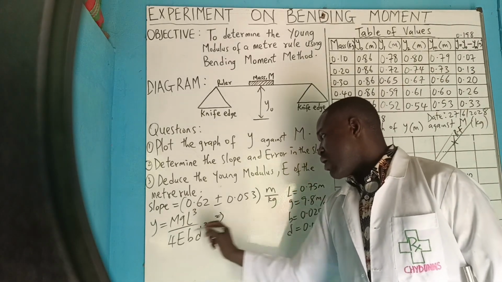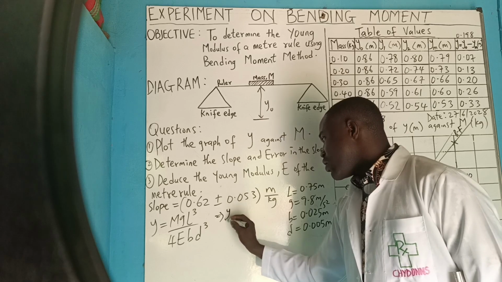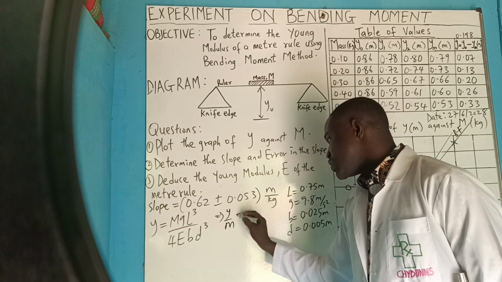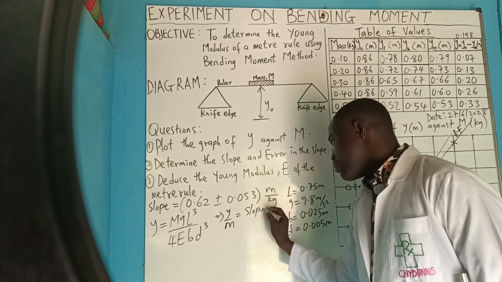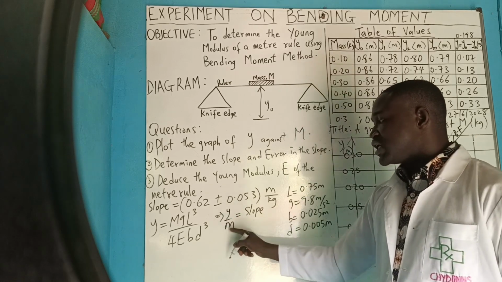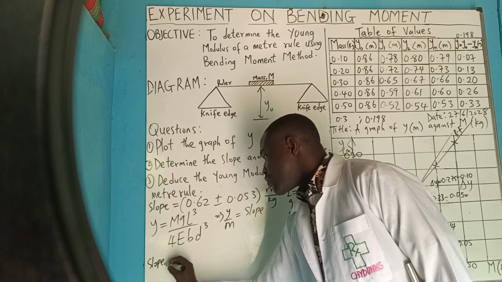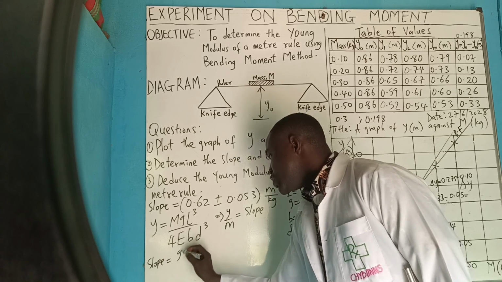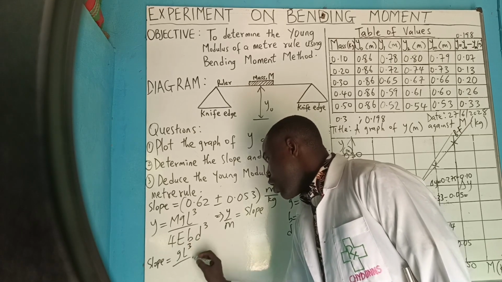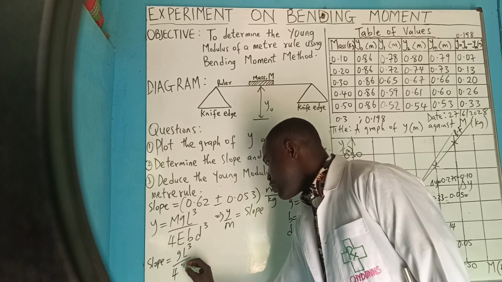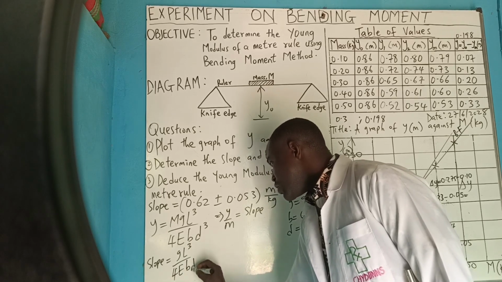So y over m is equal to the slope, because we say change in y all over change in m. That means the slope is equal to gL cube all over 4Ebd cube.